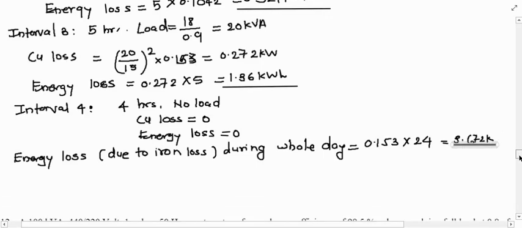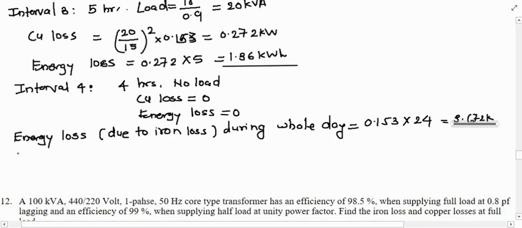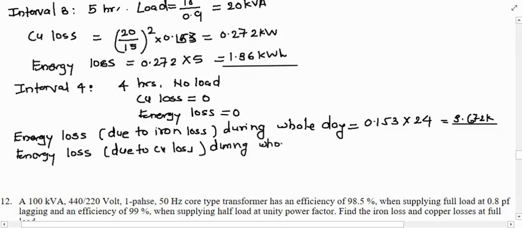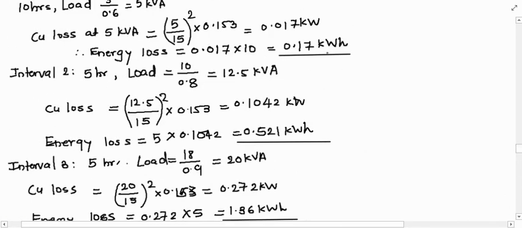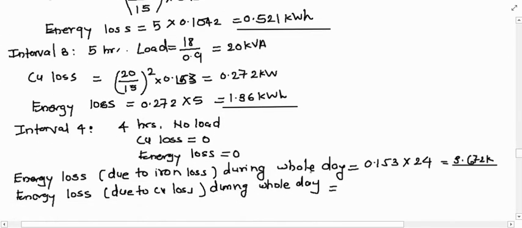Okay. Then I will write down the next point, energy loss due to copper loss during the whole day equals, now we have to add these three: 0.17, 0.521 and 1.36. During the 4th interval there is no copper loss.